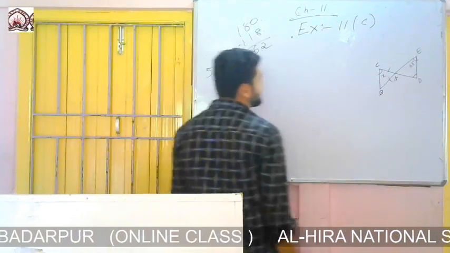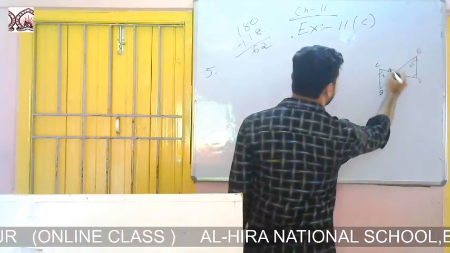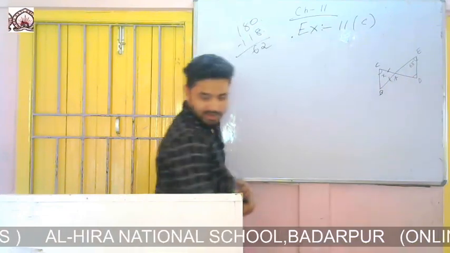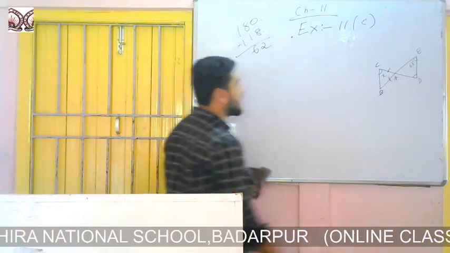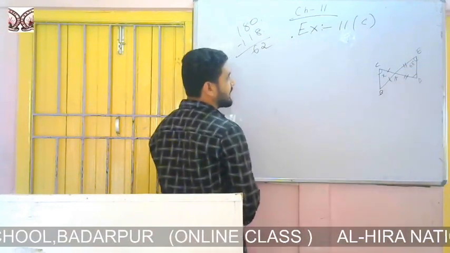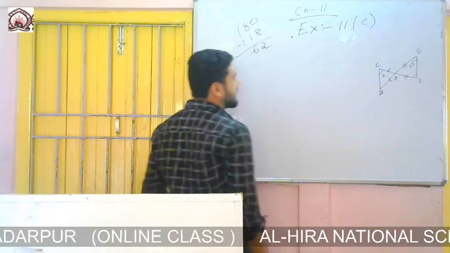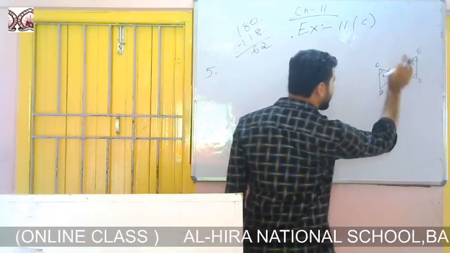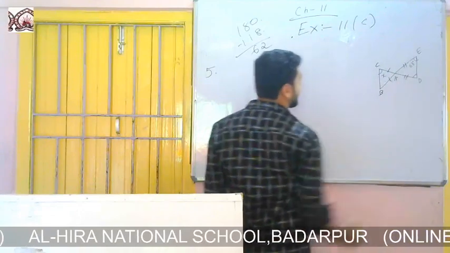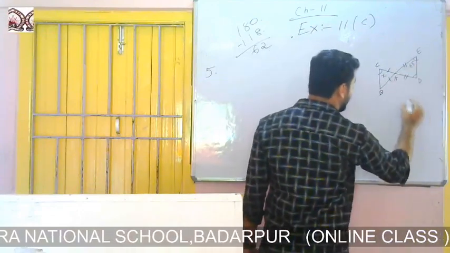To find angle X, it will be very easy. You see, if these two sides are equal, here these two sides also are equal, these two sides also are equal. If these two sides are equal, you just consider triangle AED.